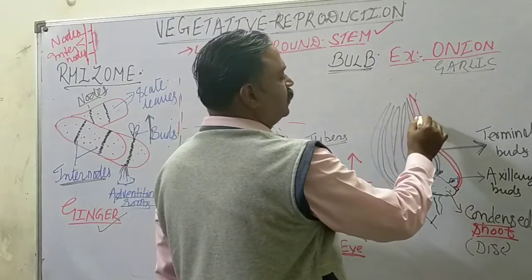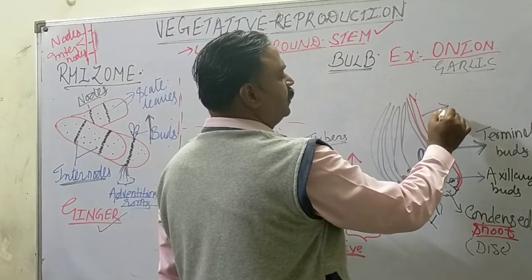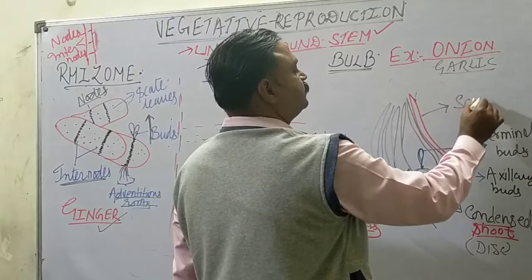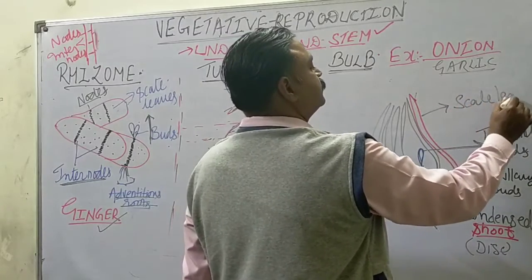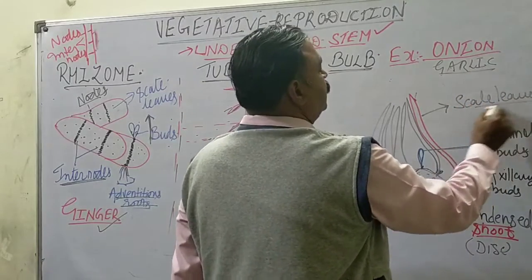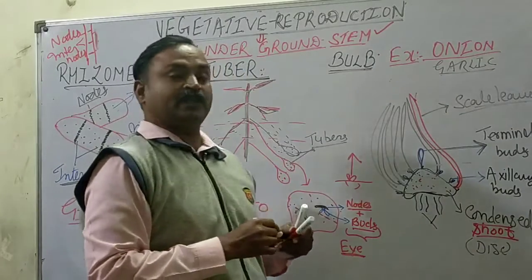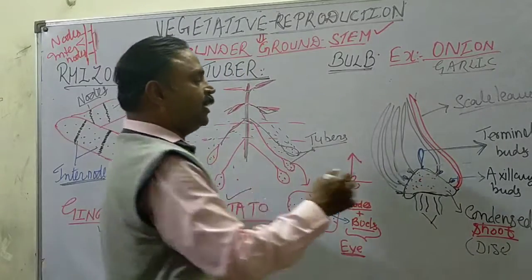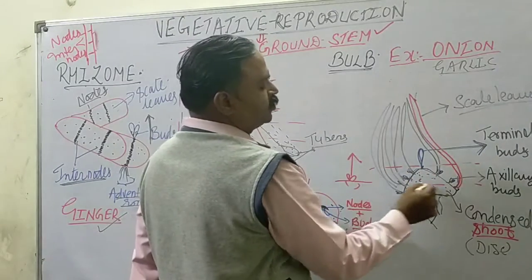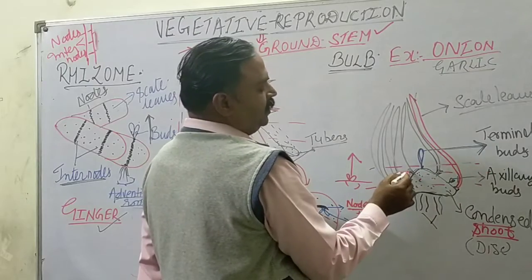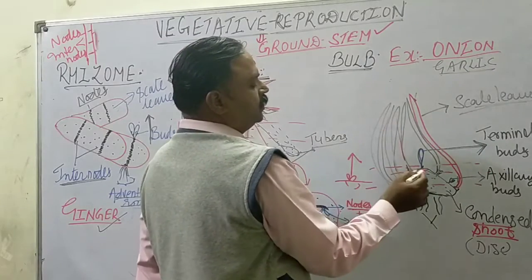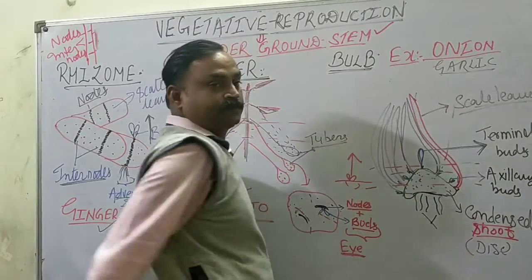The outer brown color is called scale leaves. If we don't remove it from the soil and allow it to grow, then this bud will grow into a new individual.